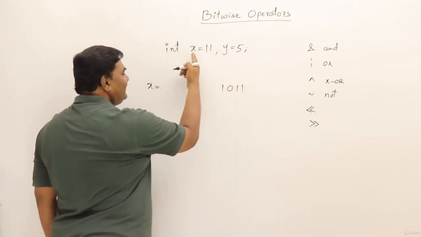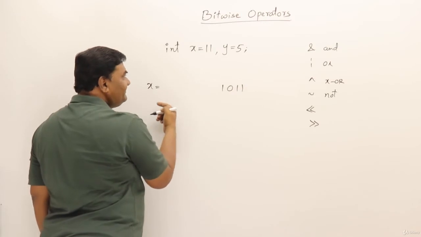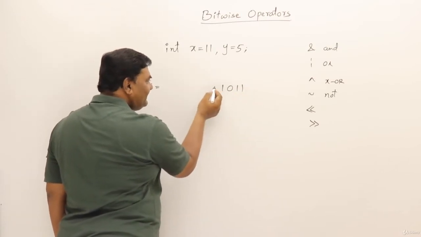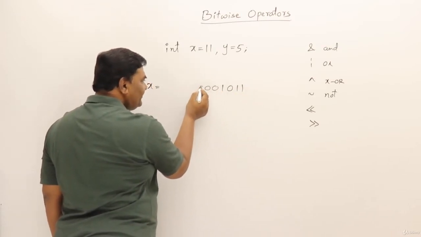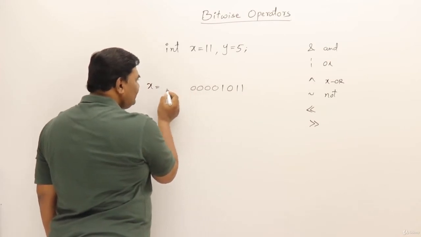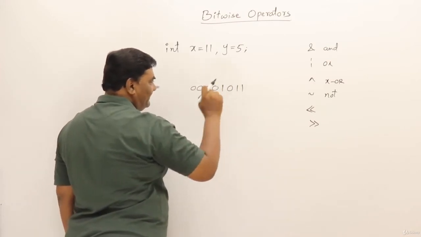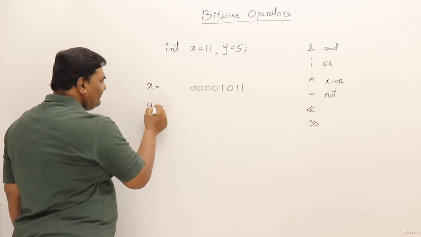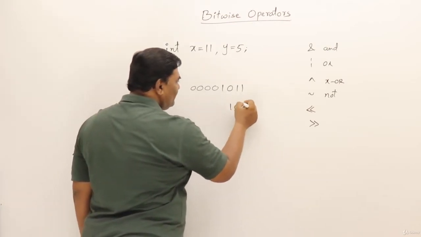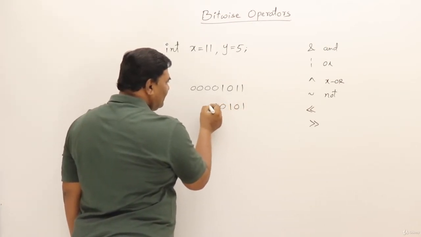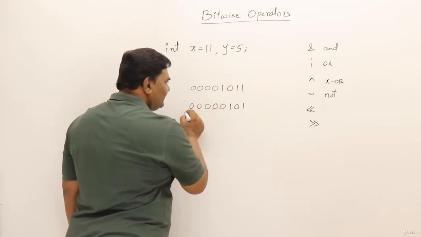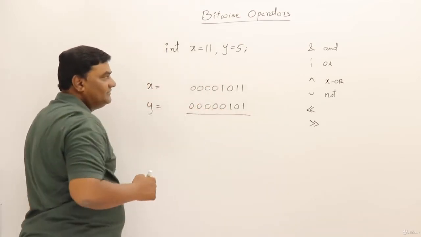If an integer takes 2 bytes, it will be a total of 16 bits. So 4 bits are there, and the remaining bits will all be 0. But I will not write all 16 bits, I'll just write 8 bits here. In the same way, y value 5 is 101, and the remaining bits are all zeros. So let us understand this on 8 bits only.